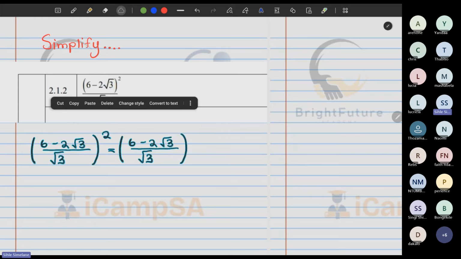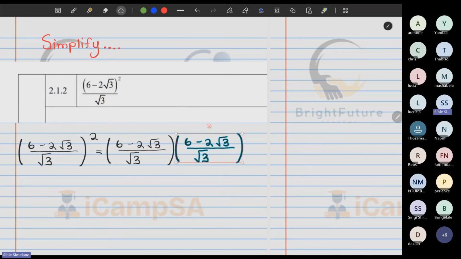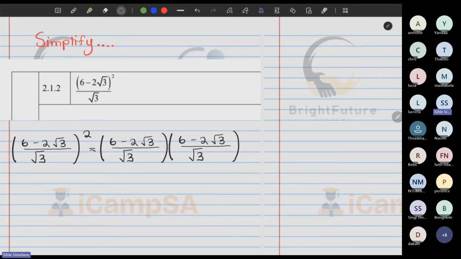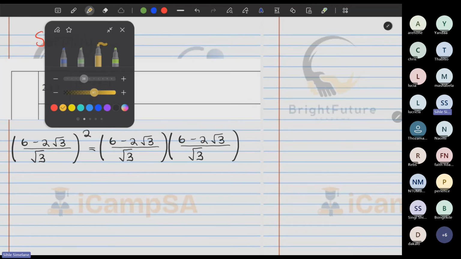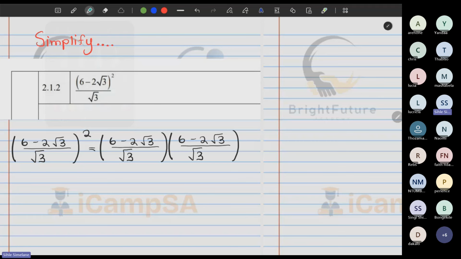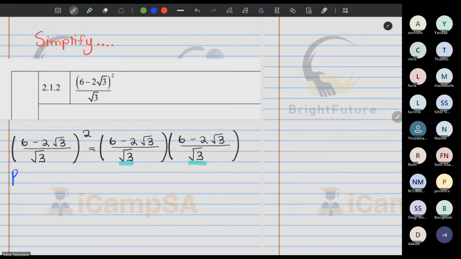Let's create some space and then show the teachers that we are something unique. Okay? So what we are going to do here, guys, is multiply as if you are doing your fractions. So your denominator multiplies your denominator. So what is square root of 3 times square root of 3?